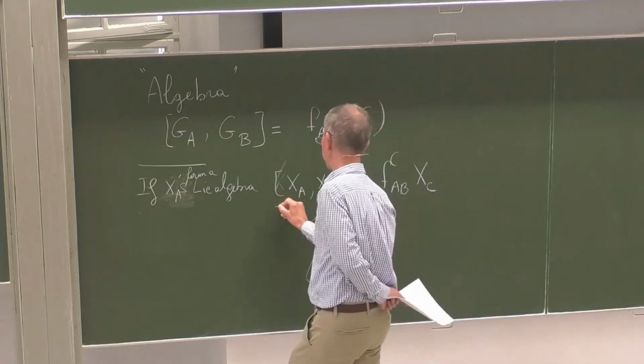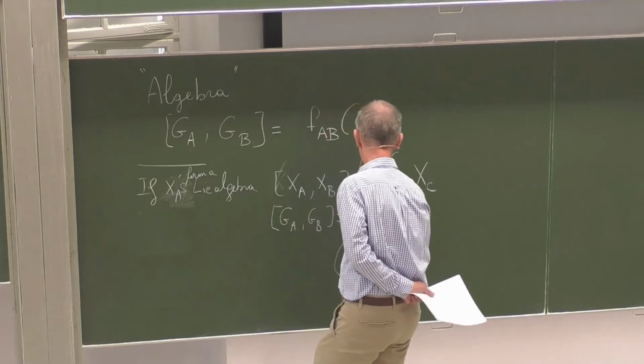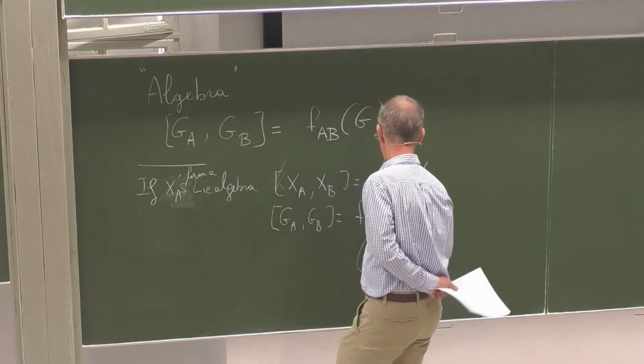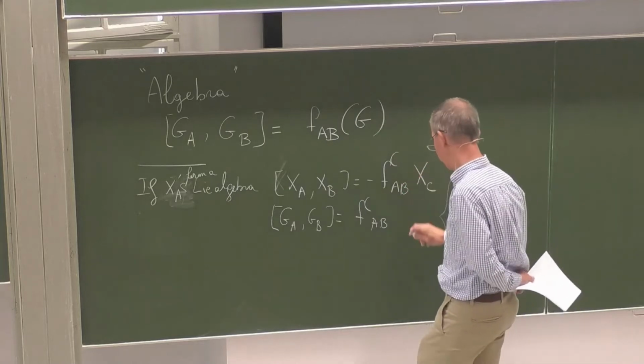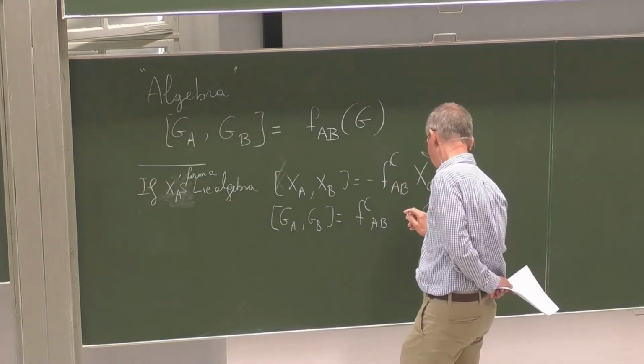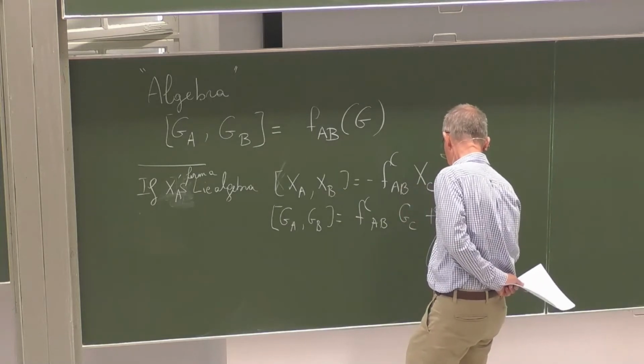We know that the corresponding generator a priori will close. In that case, the algebra means that this does not depend on the G's, G_C, but there could be a central charge.